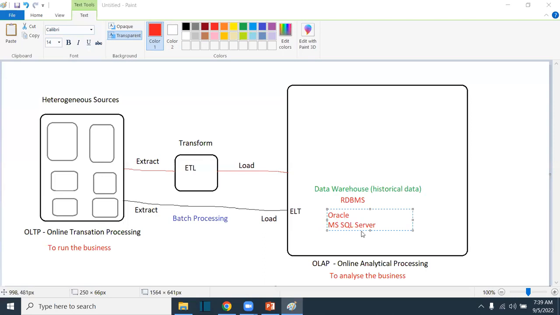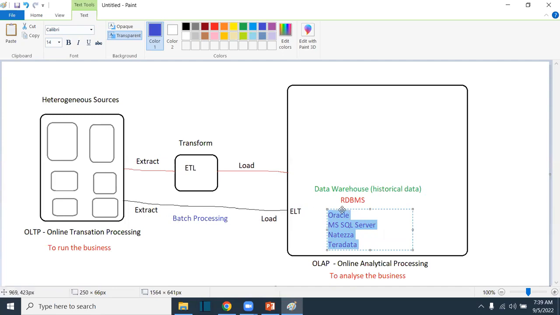So here, Oracle, MS SQL Server. Like Netezza we have, right? Netezza and Teradata. These are some of the data warehousing systems on the RDBMS side. It will have only batch processing data.